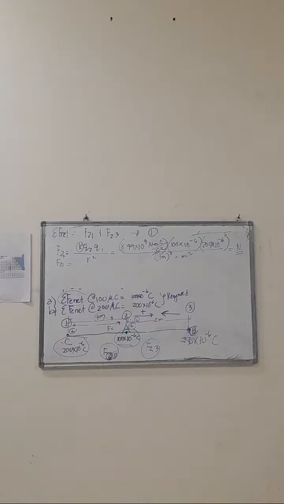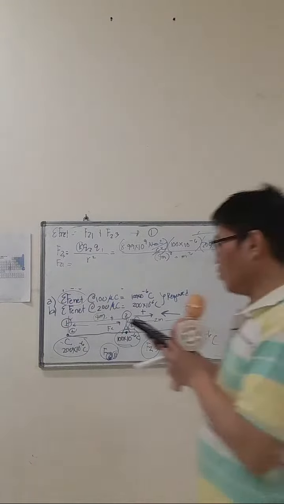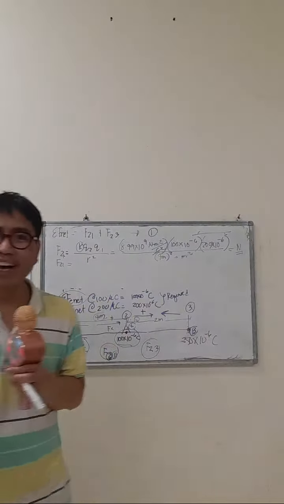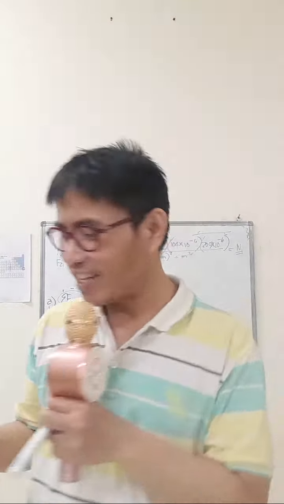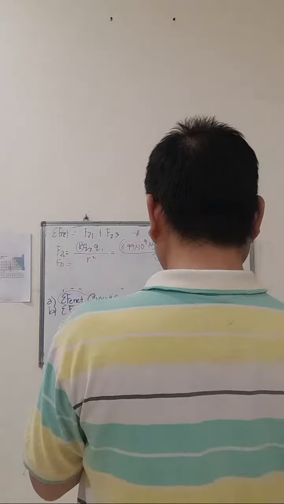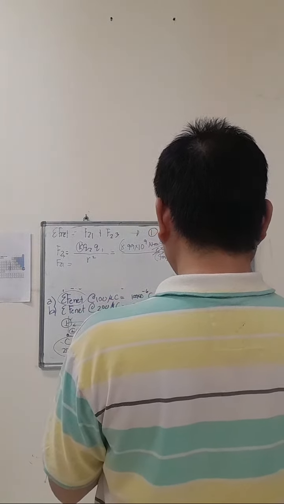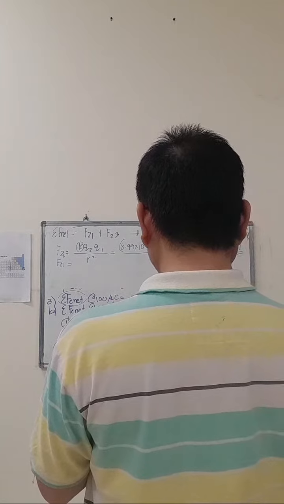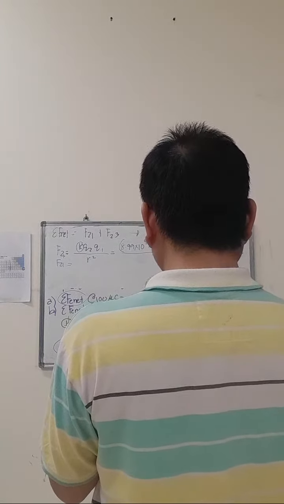Any questions so far? None? I'm doing the overtime discussion, right? 200 exponent to the negative 6. Every time you press the calculator, you should also be careful.